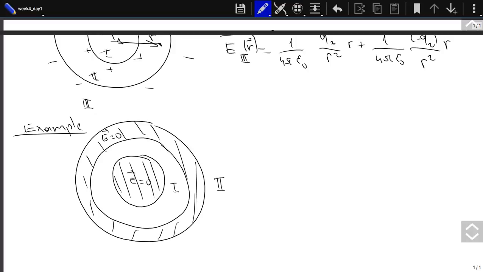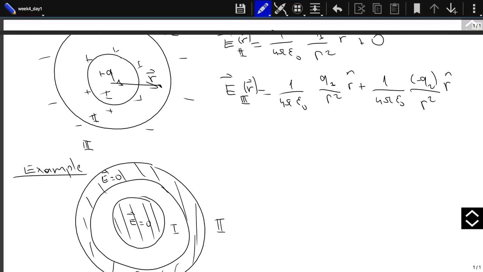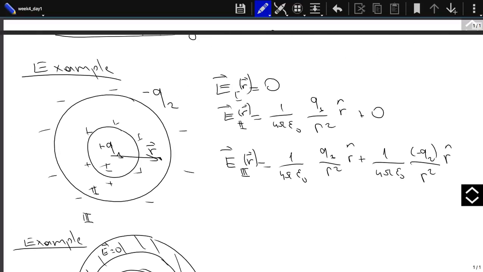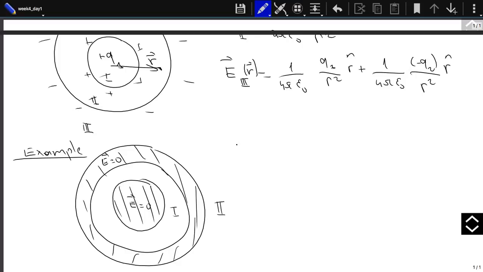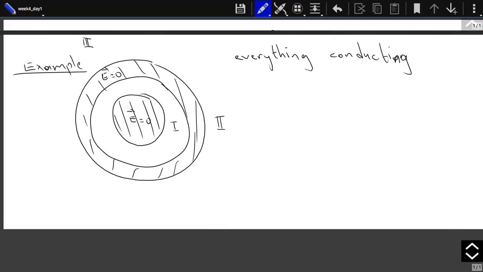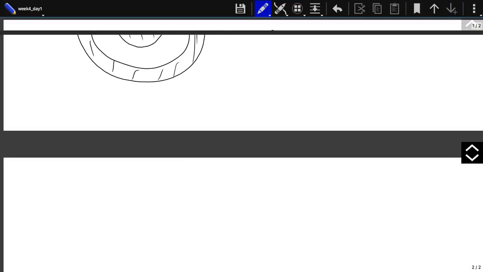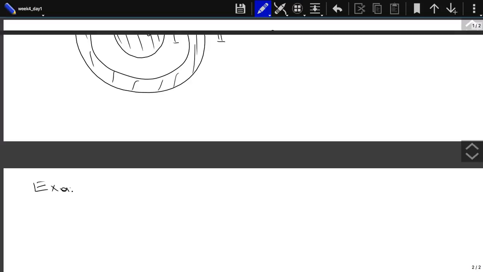The change from the previous example is that in region 0, nothing changes, 0 electric field here. Only in this shell, the electric field will also be 0. That's the only difference between this example and this example. Let's look at this other example, which will be different.